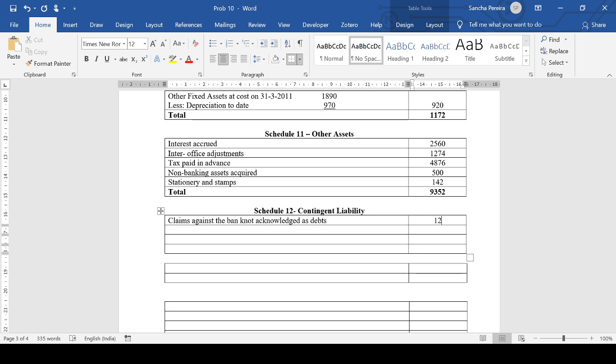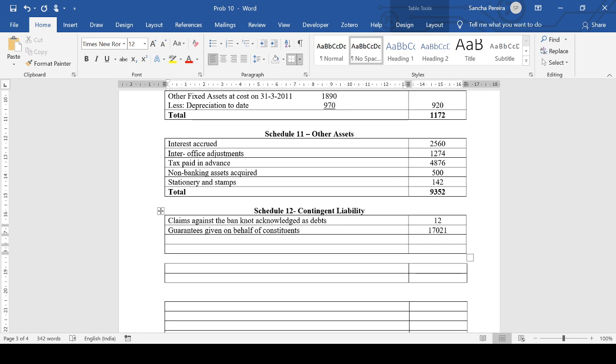Then we also have the guarantees the bank has given in India on behalf of constituents, which is 1701.